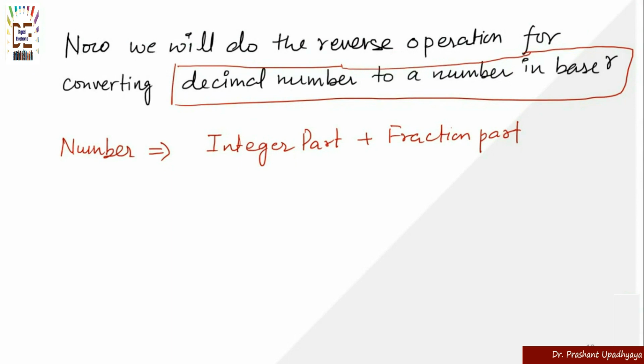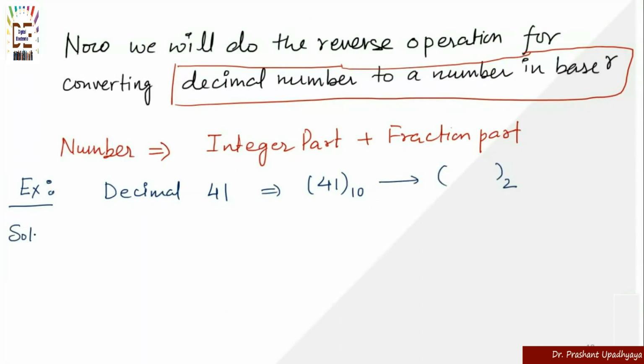Let's say I have to convert the decimal 41, that is 41 base 10, into base 2. What will be my approach?